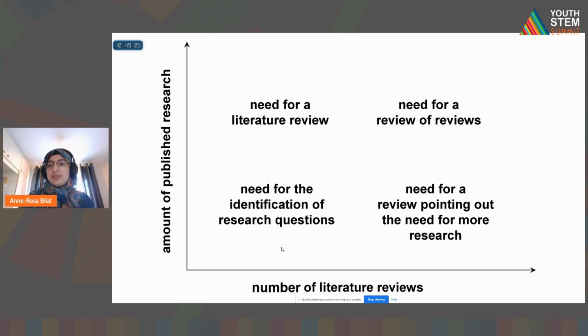What do we need to research next? How do we bridge the gap from what we know to what we should know to make the future more sustainable? And as you can see in this graph, once the number of literature reviews increases, then we will need more and more reviews. Sometimes we will have reviews of reviews. So it's sort of a cycle, and something that we as young people can be involved in. Anyone can, from the comfort of your own home.